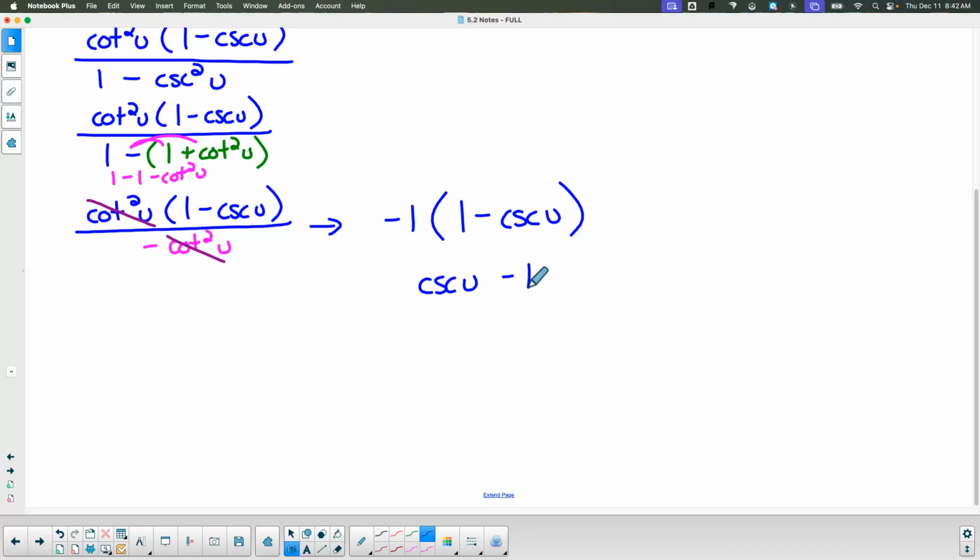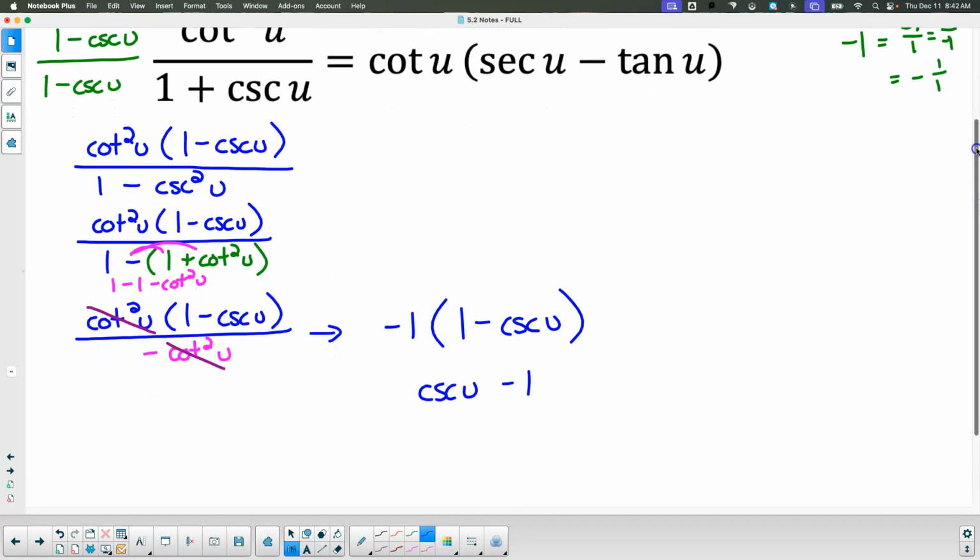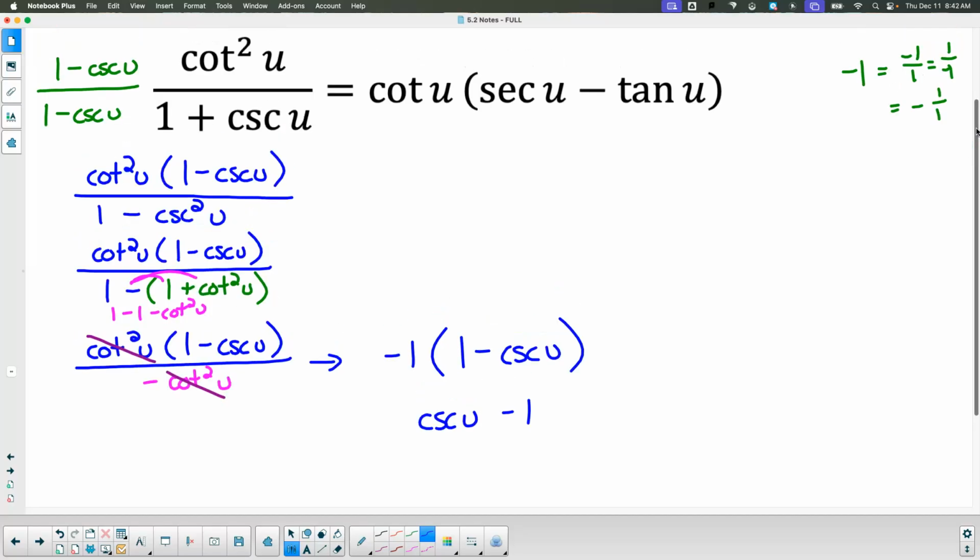Now, let's take a peek at the other side, because we can always do that. We can't work the other side, but we can definitely look at it. If I'm looking at the other side, I see that I need to factor out a cotangent. So let's factor out a cotangent out of this.